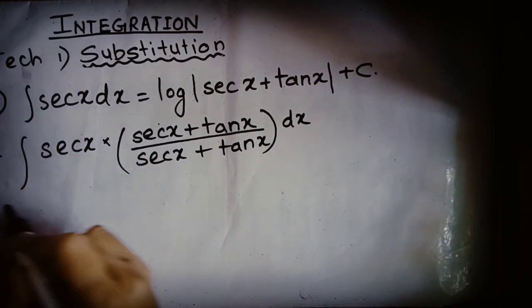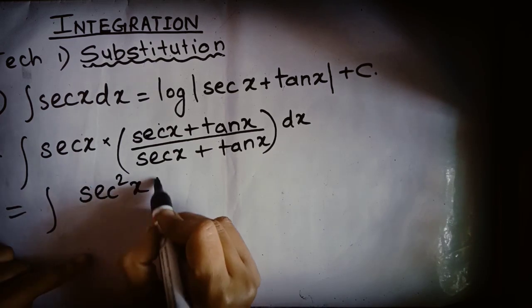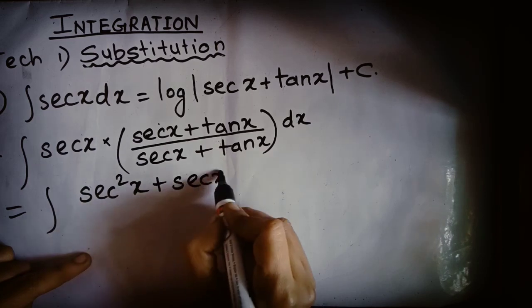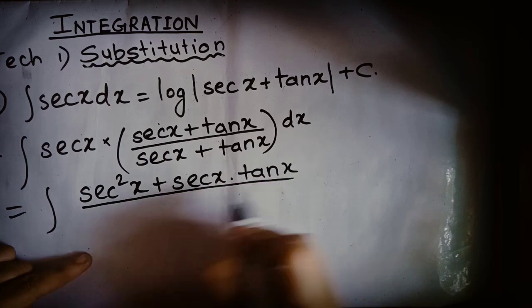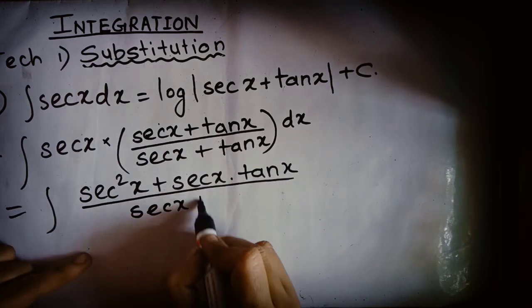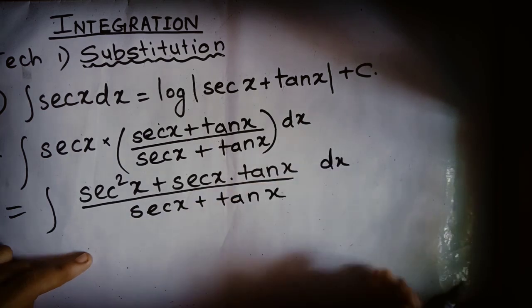Now take this sec of x inside, so it will be integral of sec square x plus sec of x into tan of x upon sec of x plus tan of x dx.